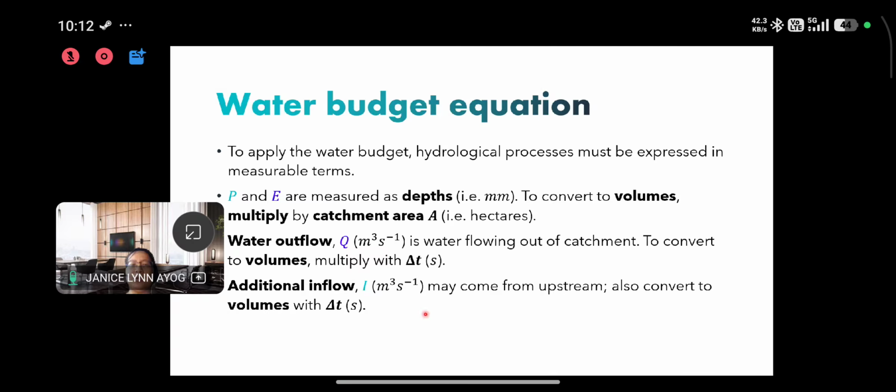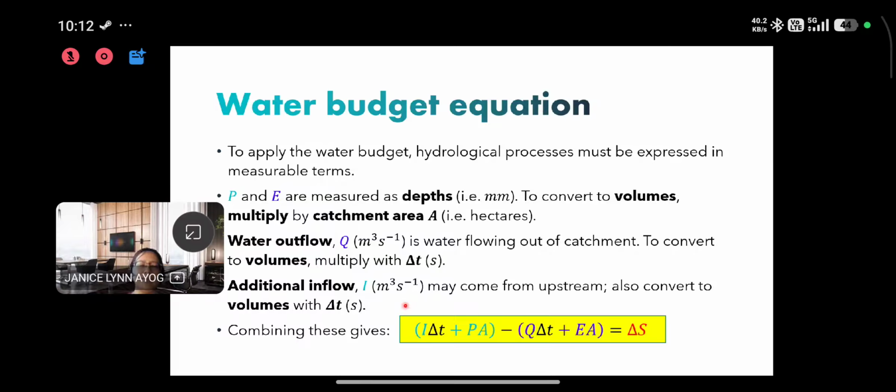So to get the volumes, you also multiply by delta T. Combining P, E, Q, and I, you eventually get this formula. This is also considered the water budget equation, just translated into other terms, because on the right side is still delta S, the change in storage.